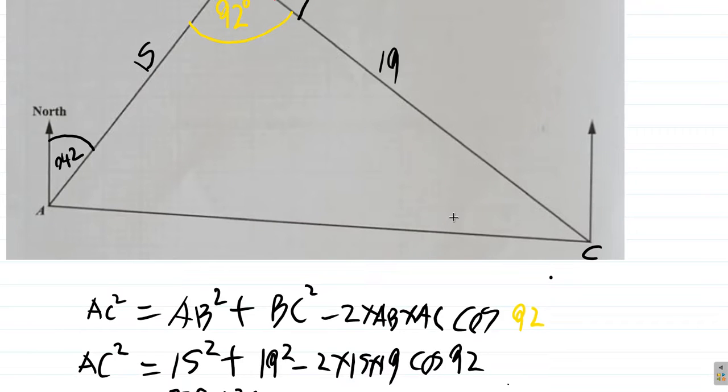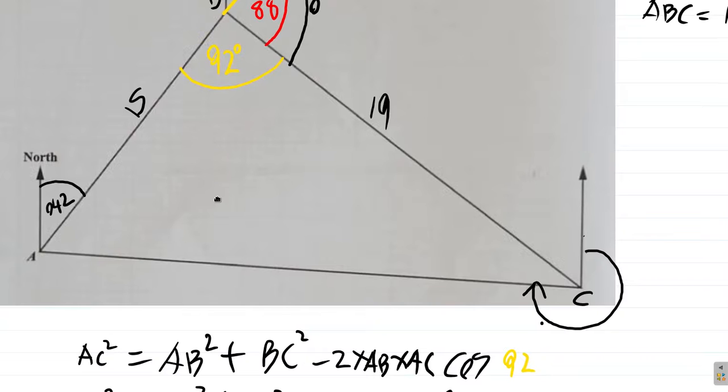When you say from C, it means C is where you're going to draw the north line and then the arc. So this angle is what you want, alright? You want that angle.